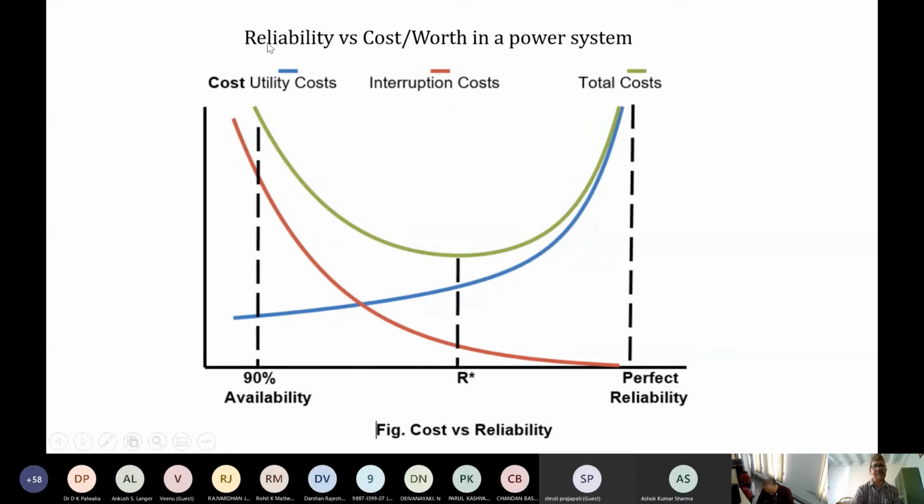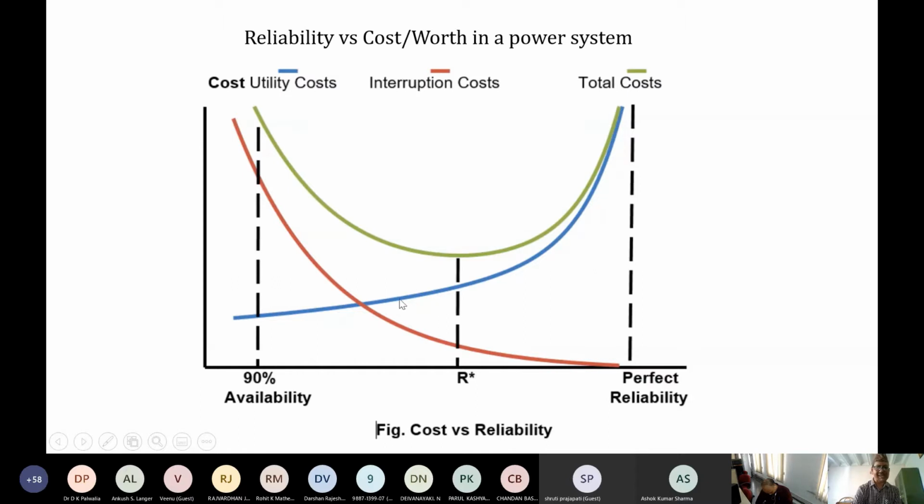This unreliability cost incurred by the customer continuously decreases, and it is exponentially decreasing. You can see with the enhancement of the reliability, when it nears the perfect reliability, this unreliability cost nears zero. When it is a perfectly reliable system, unreliability cost is zero.